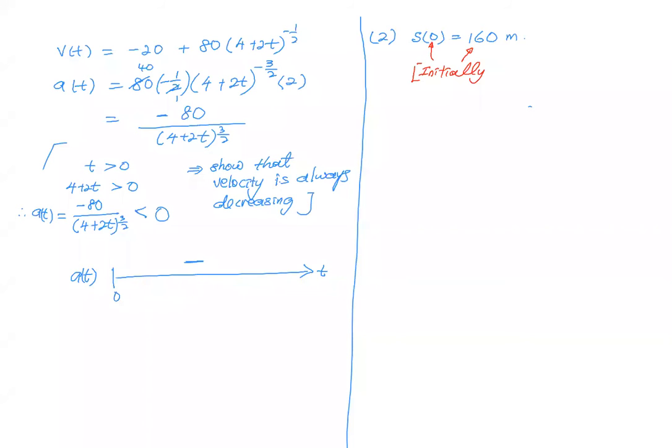We don't say when t equal to 0, because when you say t equal to 0, people have to interpret what do you mean by t equal to 0. So when people ask you to interpret, you will use the word initially. Initially, the word means t equal to 0.